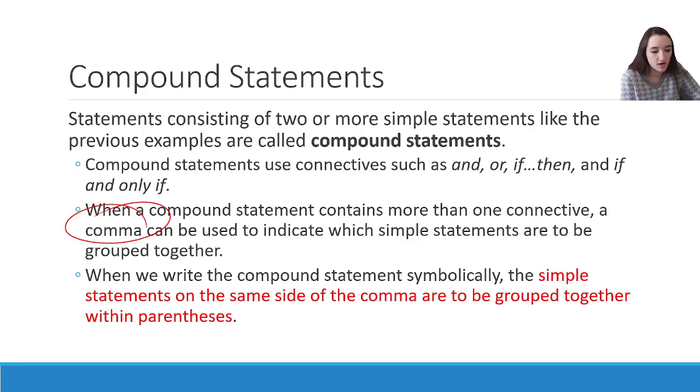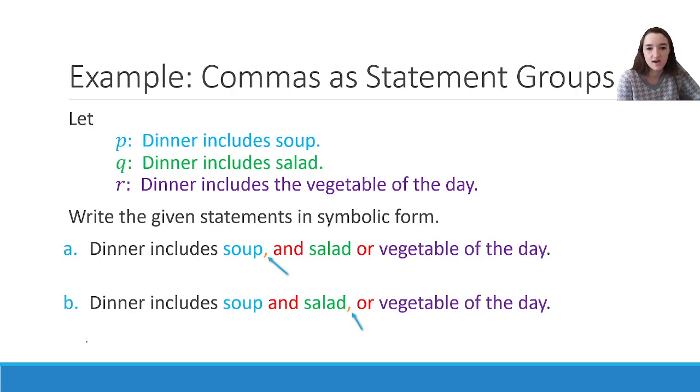When we write the compound statement symbolically, the simple statements on the same side of the comma are to be grouped together within parentheses, okay? So, let's see that at work.